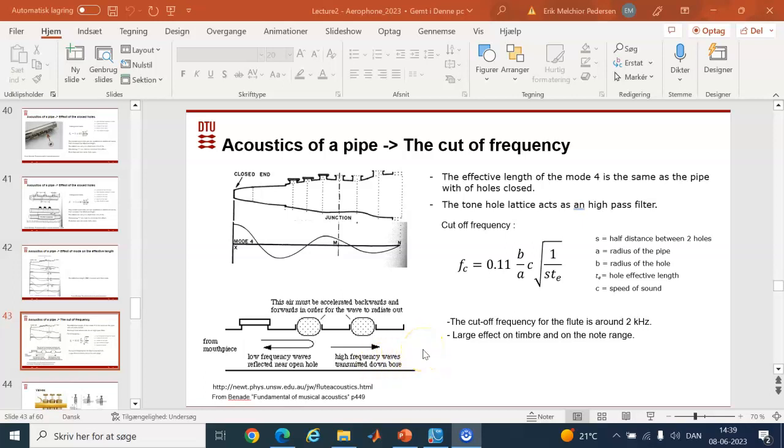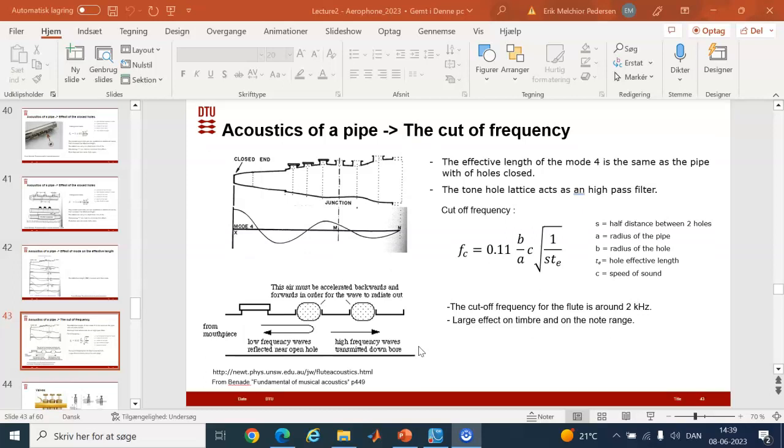So as I understand it, there's a limit for high frequencies, and there's a cutoff frequency, as Jeremy told me.